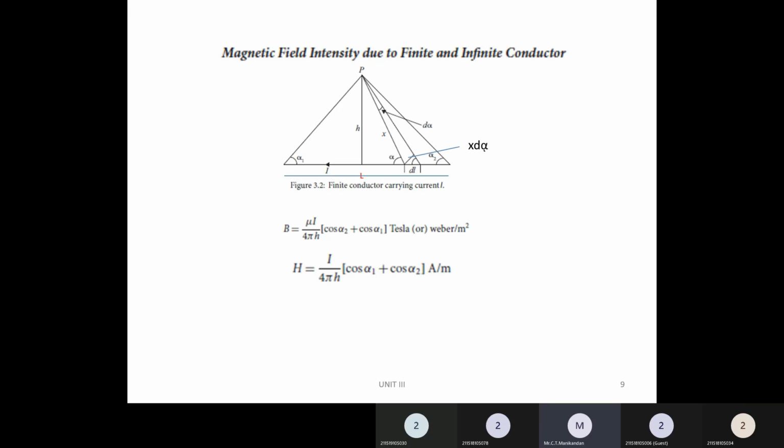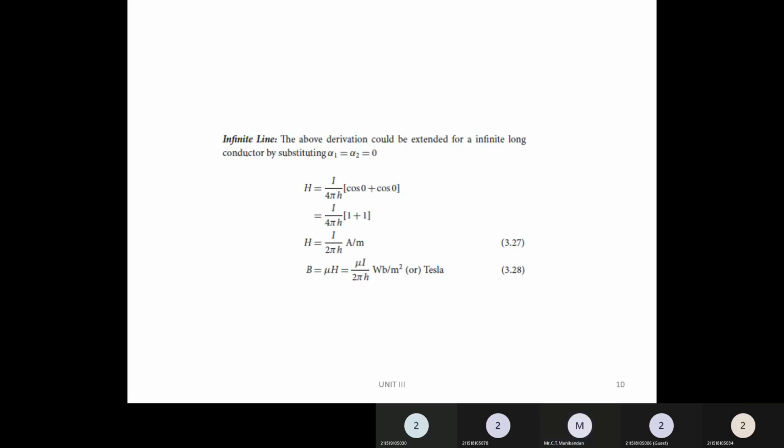On simplifying, you will get B is equal to mu I by 2 pi h, and H is equal to I by 2 pi h. So H equals I by 2 pi h, and B equals mu I by 2 pi h. This is what you will have for an infinite line conductor.